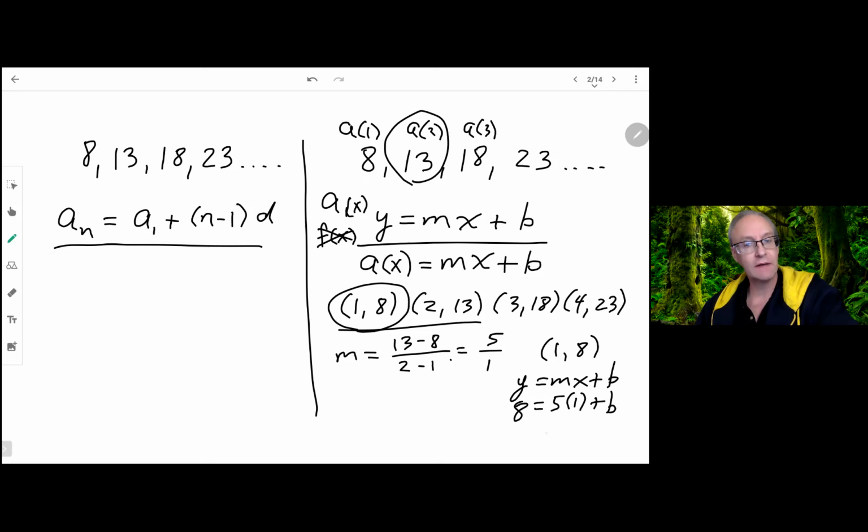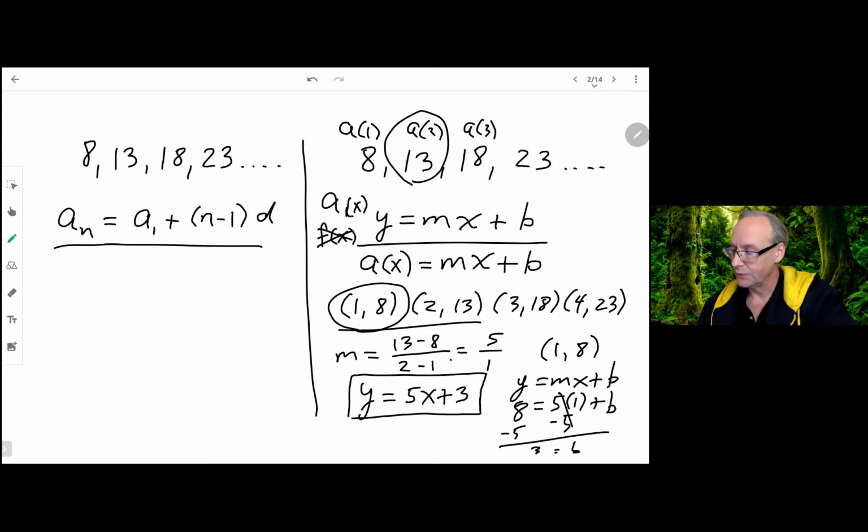And I'm going to subtract 5 from both sides, and we get b equals 3. So my equation is y equals 5x plus 3. But remember, I didn't want to use y. I wanted to use, let me call it, a of x.